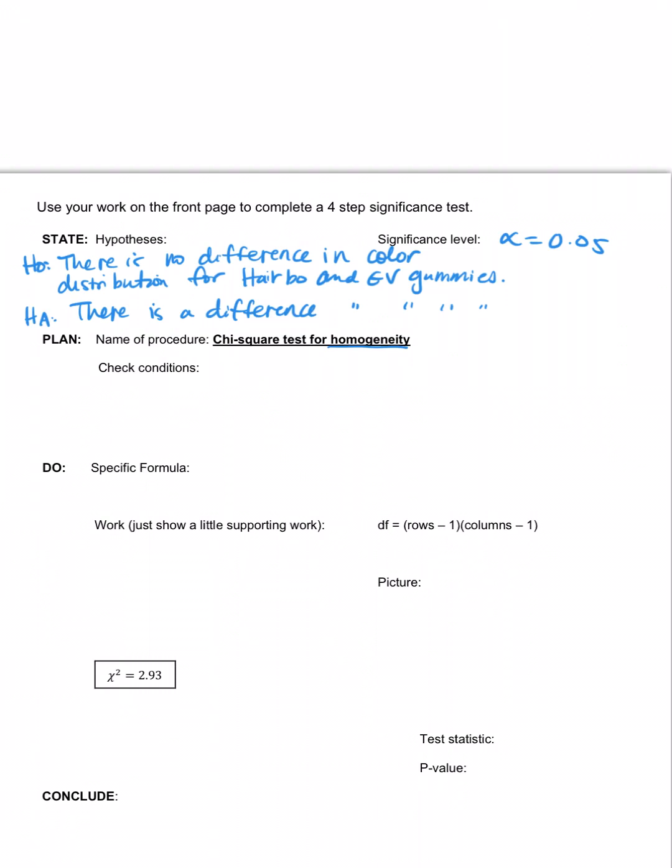It's a different test than goodness of fit. We have to enter it differently in our calculators. Can we just put chi-squared test? You can't just say chi-squared test. The other one's chi-squared GOF. They're all chi-squareds, but with the weird X. You can say chi-squared homogeneity.